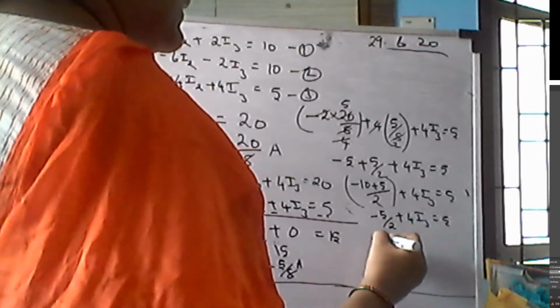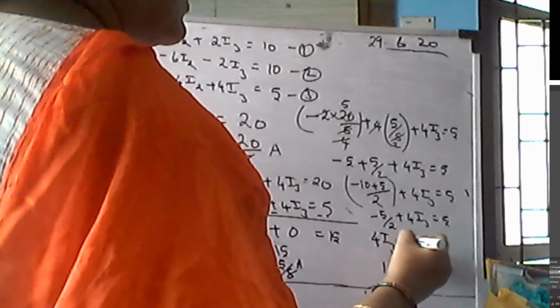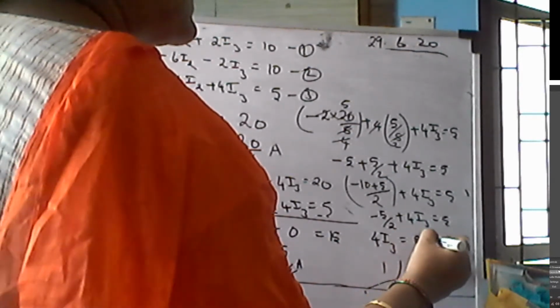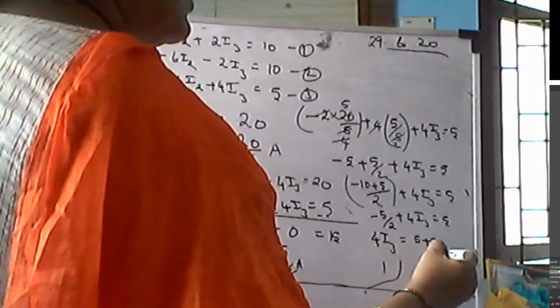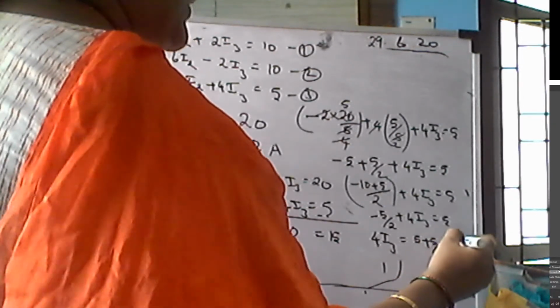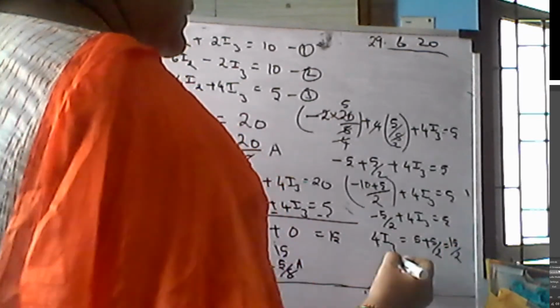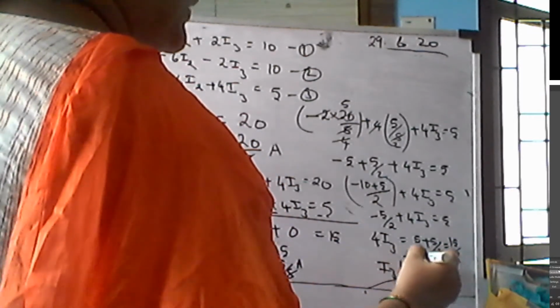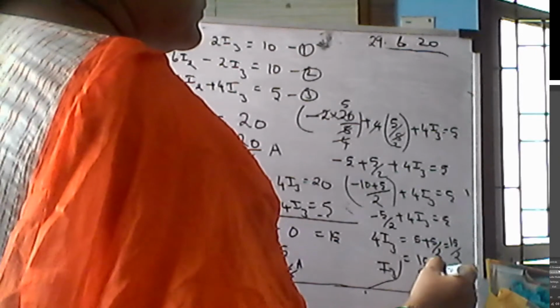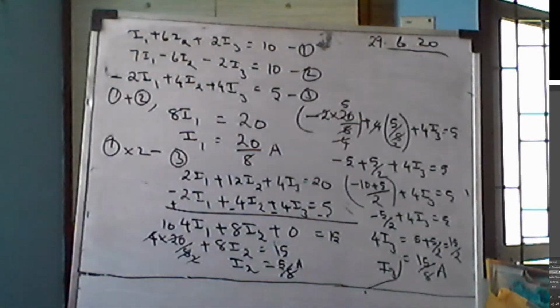So 4I3 equal to 5 plus 5 by 2, that is 15 by 2, that is I3 is equal to 15 by 8 ampere. So now you can find out I across AB.